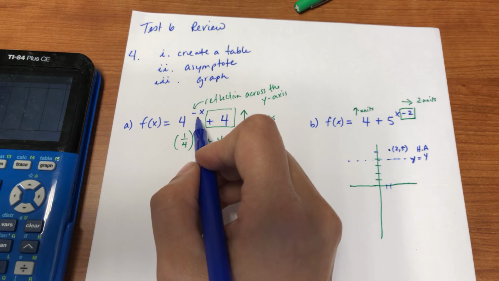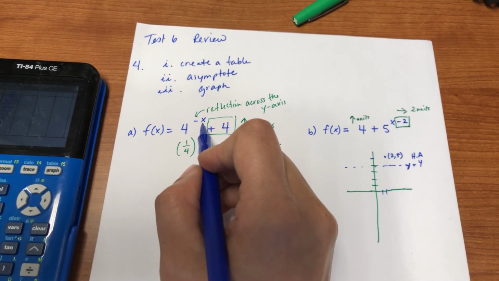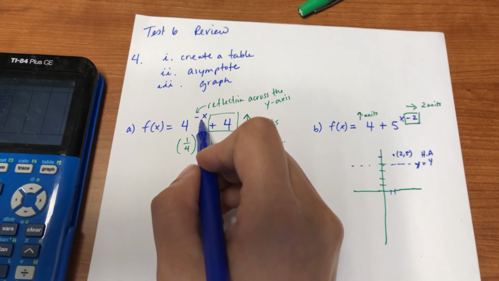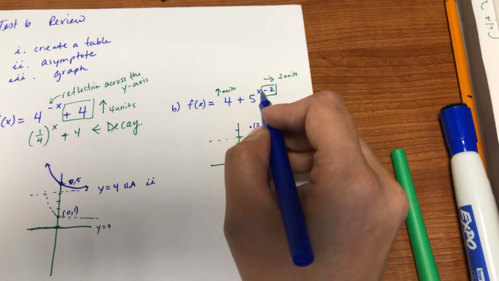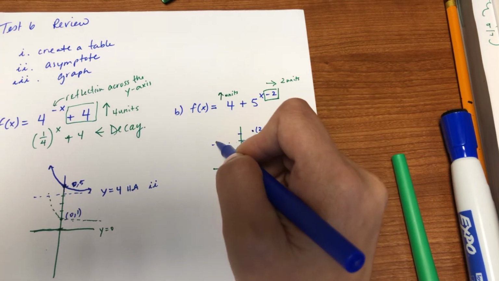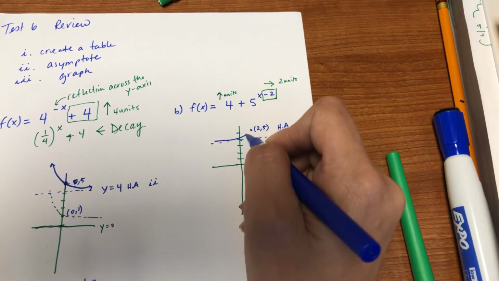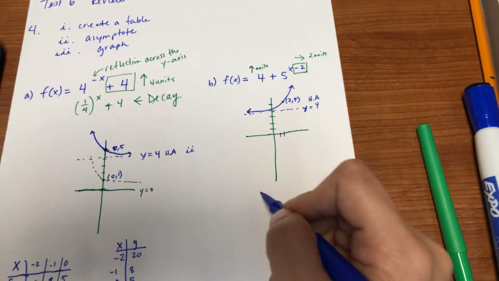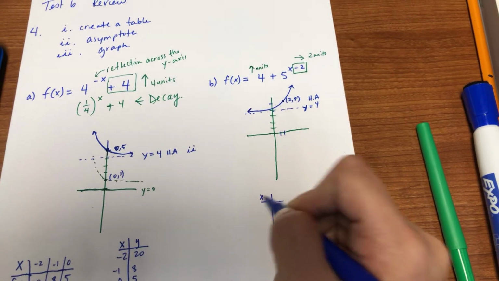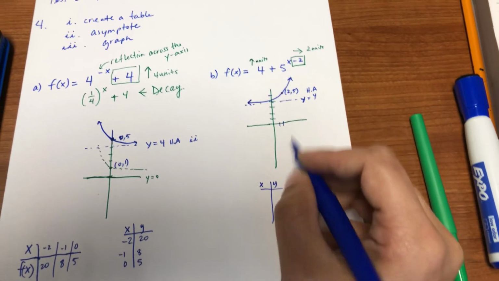Because of a negative exponent on the variable. Here we don't have that case with our x. The negative is not in front of the x. So it's a growth, and that means it goes something like this.